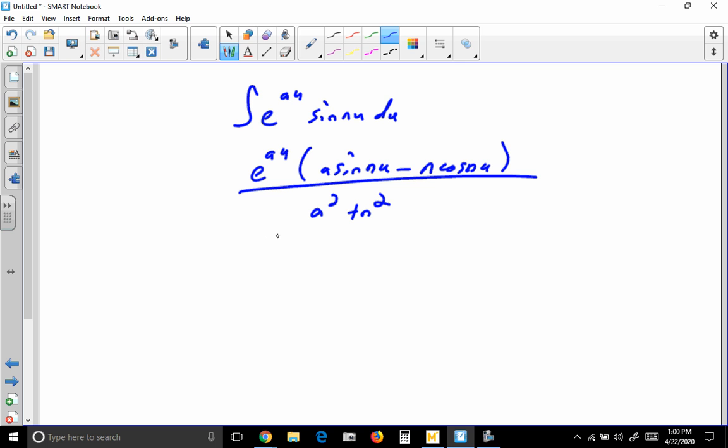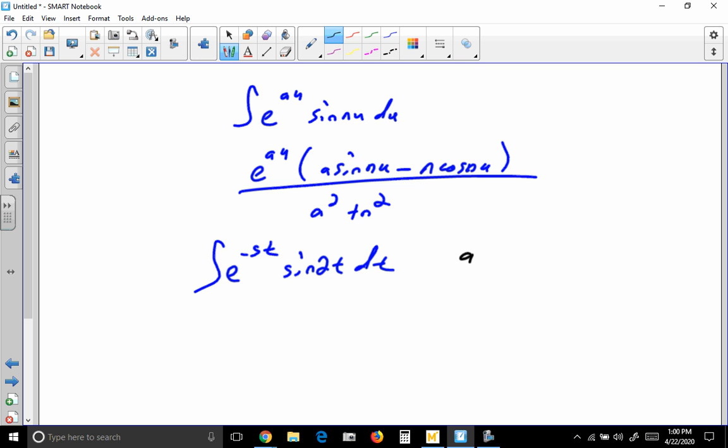So what we have is e to the negative st, we have sine 2t dt.